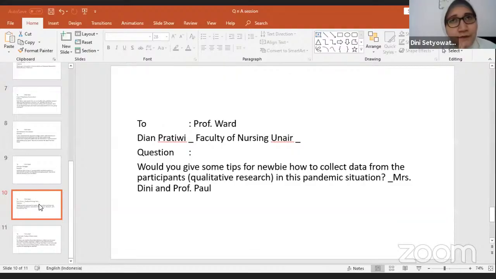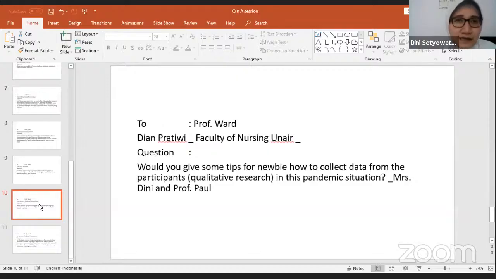Or maybe if we want to interview elderly people, we can contact the community health service. They have cadres over there, and we can use a health cadre as our gatekeeper to connect us with the elderly people in the area of the community health center.